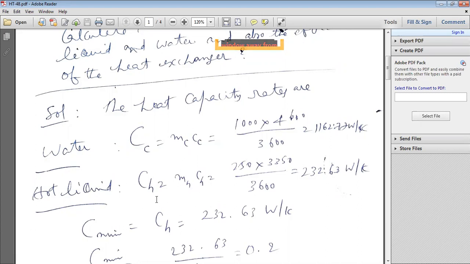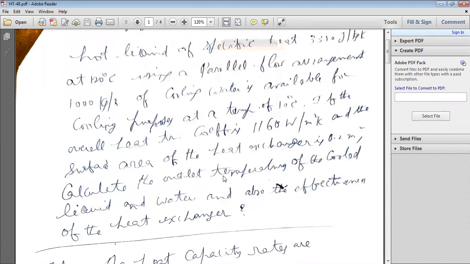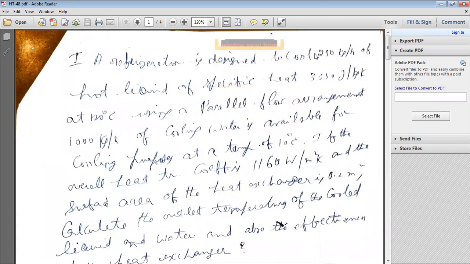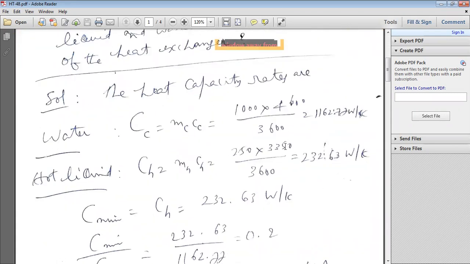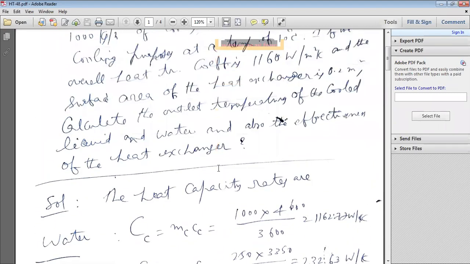That is equal to the mass flow rate of the hot fluid, 250 kg per hour. But generally you require kg per second, so convert 250 kg per hour into kg per second: 250 divided by 3600. Then you get the mass flow rate in seconds into the specific heat of the hot fluid.